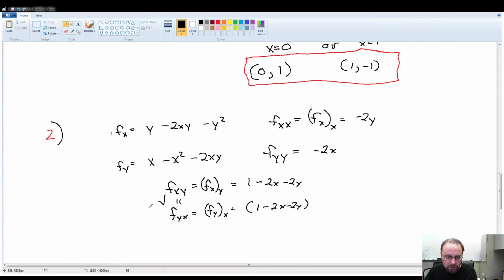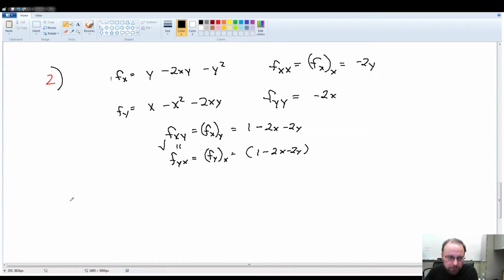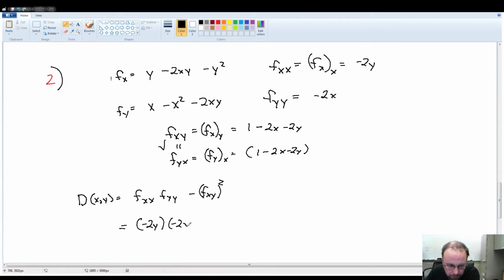And we need these second order partial derivatives to compute D. That's the determinant of the matrix of second derivatives, which was defined as fxx fyy minus the mixed partial derivative squared. So, multiplying those, we get minus 2y for fxx, minus 2x for fyy, and fxy squared.